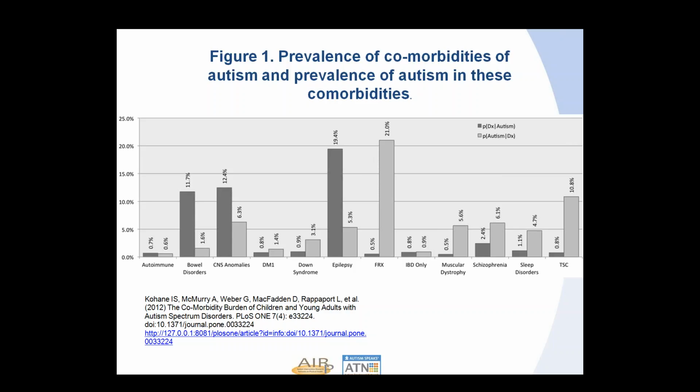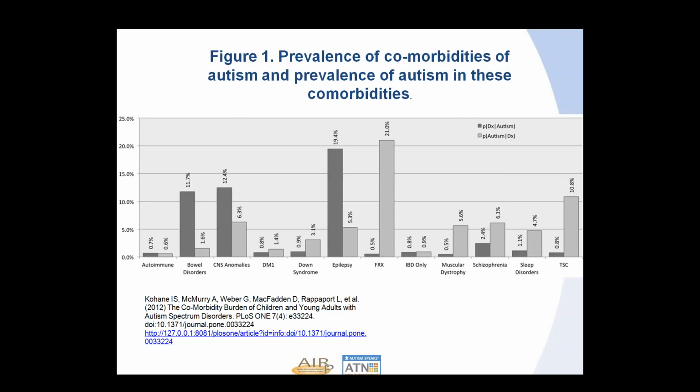So starting at the far left, autoimmune disorders in the dark gray, the presence of autoimmune disorders in people with autism was about the same as the light gray, which is the prevalence of autism in people with autoimmune disorders.